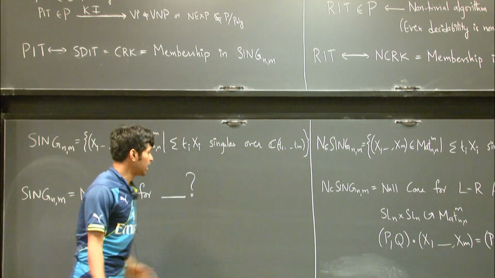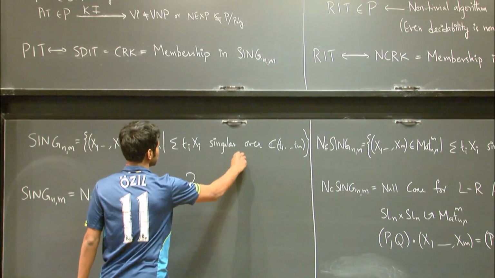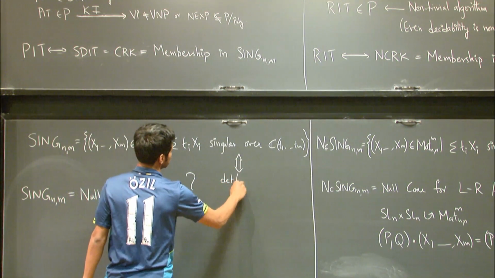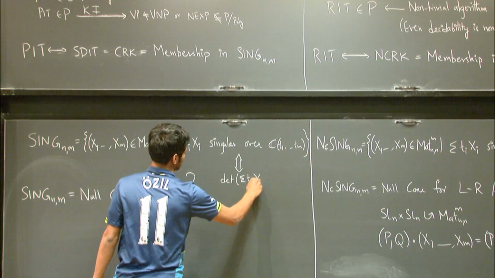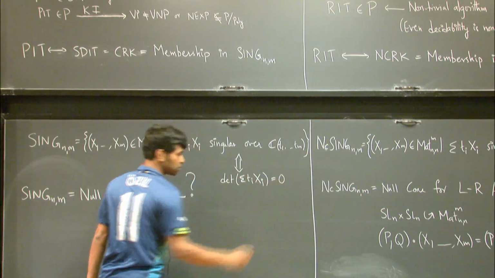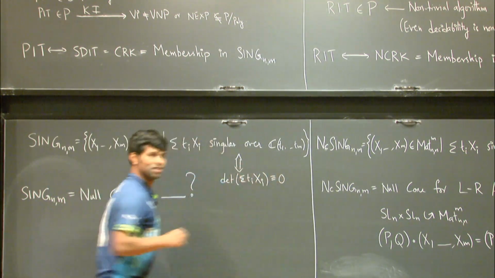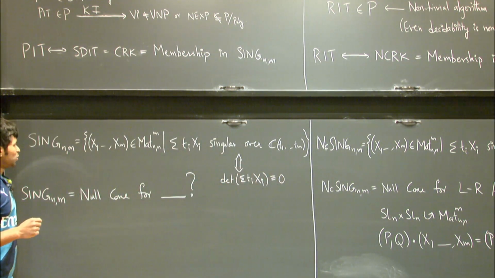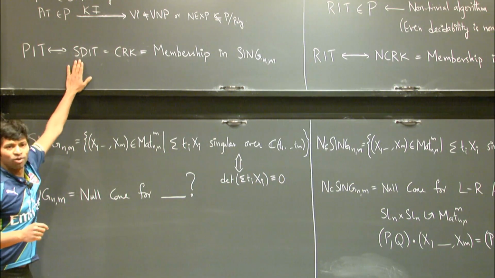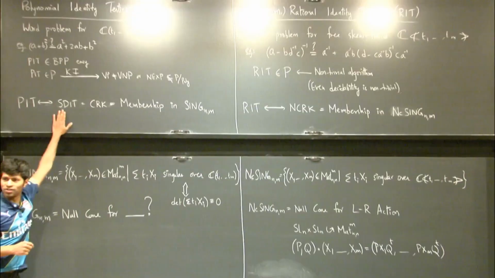Okay, and this is the same thing as saying the determinant is identically 0. Okay, which is what you might think symbolic determinant identity testing stands for.